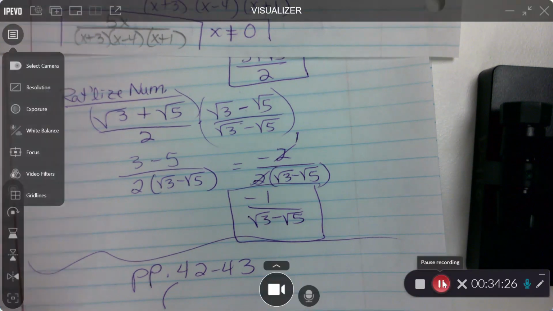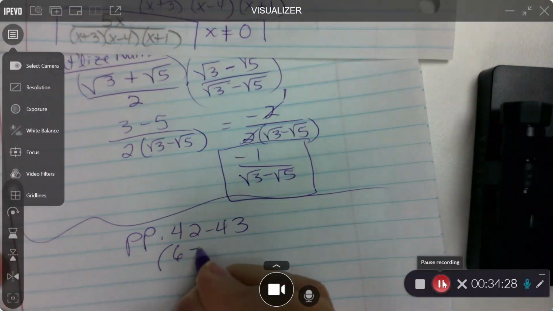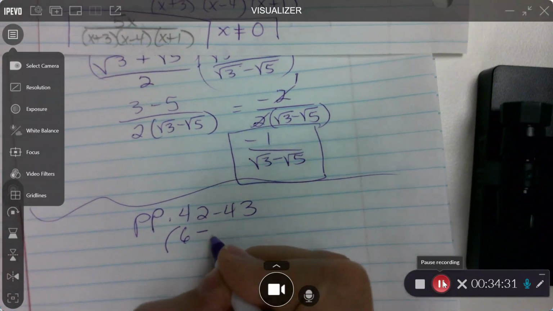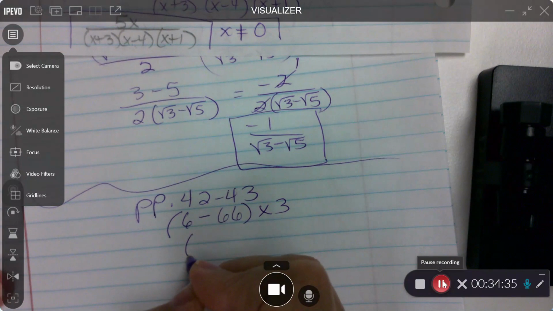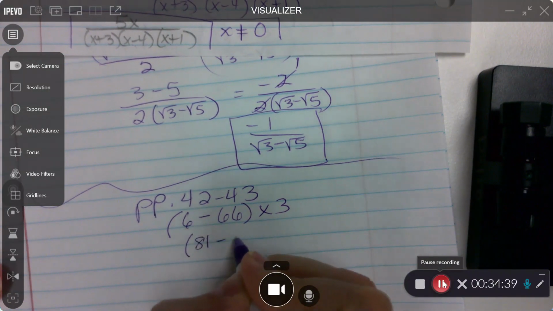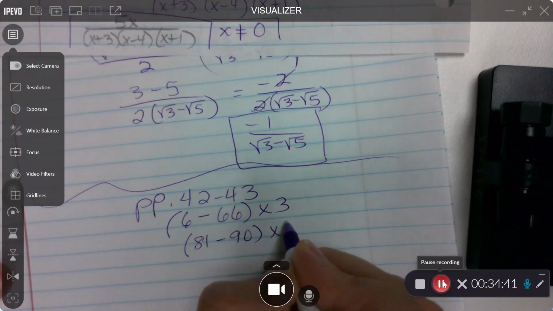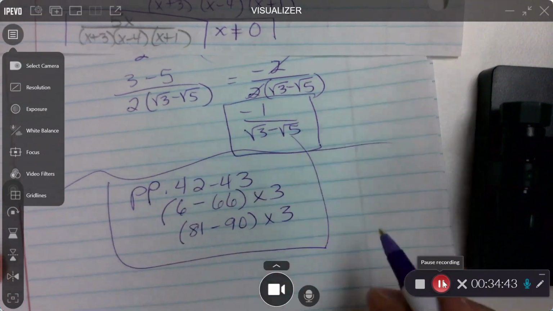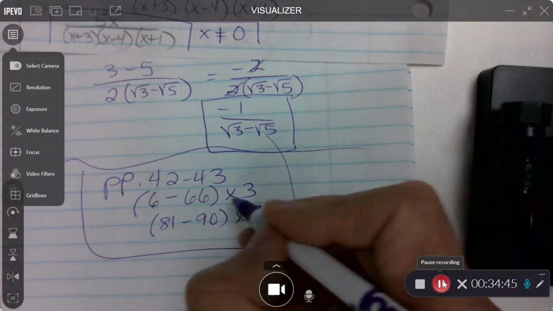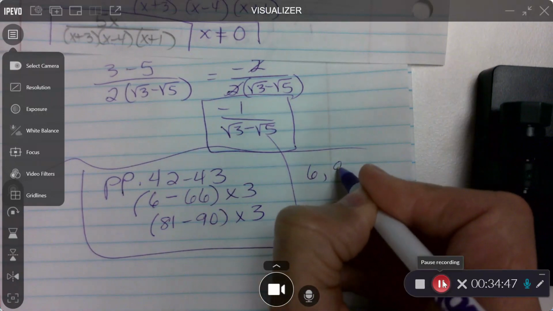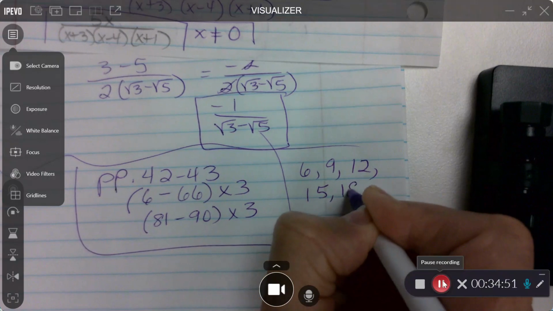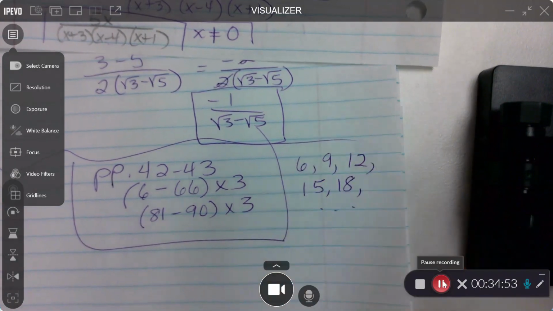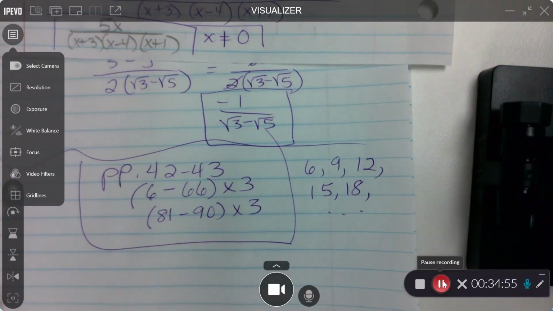So 6 to 66 multiples of 3. Y'all know what multiples of 3 are? Yeah. So if we're starting with 6, it would be 6, 9, 12, 15, 18, etc.